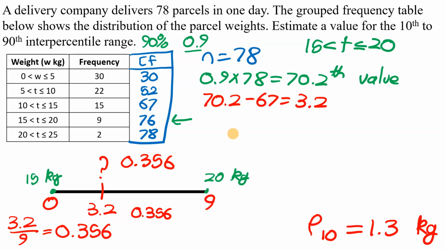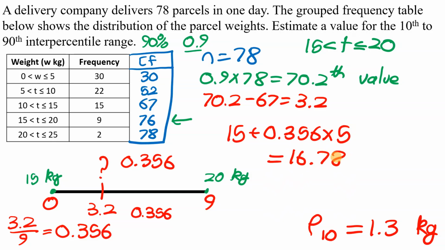So this interval starts at 15 kg and then it's going to be plus this how far across the line it is, and then we're going to multiply it by the width of the interval, which is between 15 and 20, so therefore it's going to be 5. And if you put this into your calculator, it's equal to 16.78 kg. So this is the 90th percentile.